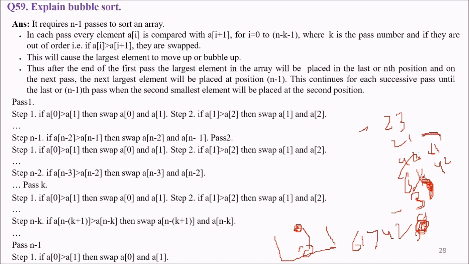Now 61 and 21: 61 is again greater, so they are swapped. Now 61 will be compared with 23. 61 is greater than 23, so this will be swapped. So after one pass, this will be 61, 23, 21, 42, and then 3.